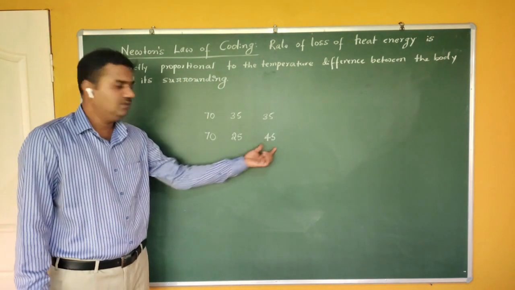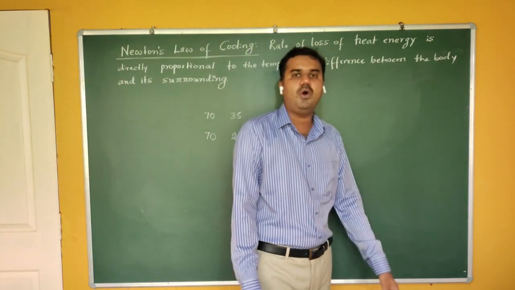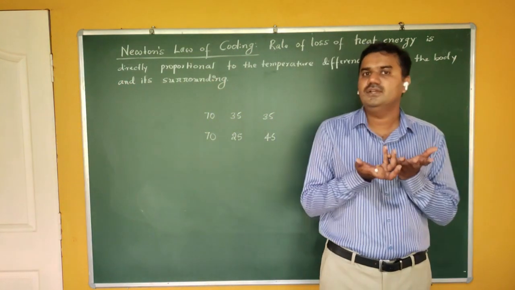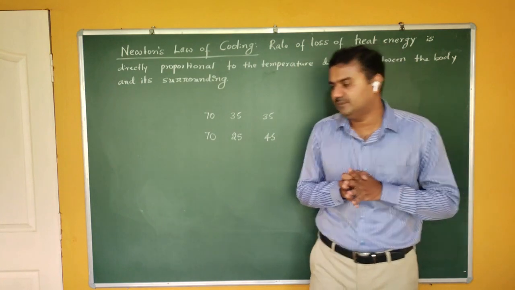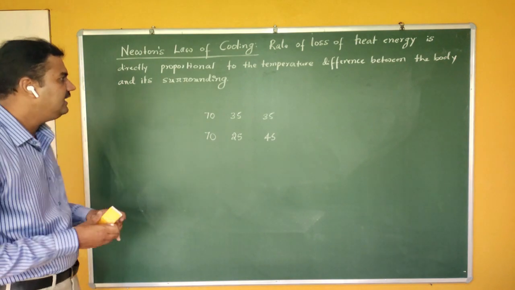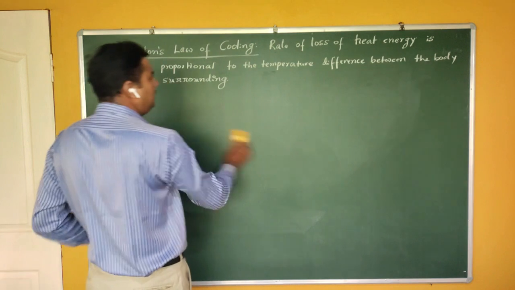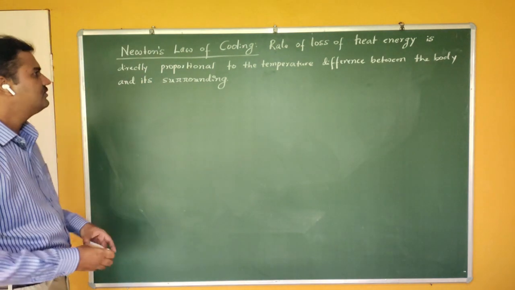So the more the temperature difference, the more the loss of heat. Therefore in the winter season, the water cools down quickly compared to the summer season. So Newton says this rate of loss of heat depends on the temperature difference between the body and its surrounding.